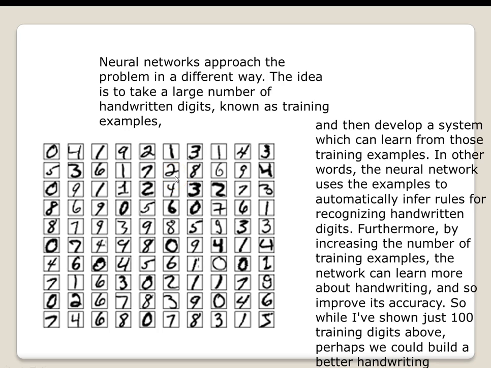And we would tell the computer, oh, this one is a 7. This one is a 3. This one is a 2. So we tell it what the handwritten digits are. Okay? And based on that, it's supposed to learn to recognize future handwritten digits. Okay, do you get it? That's called a training set in machine learning.